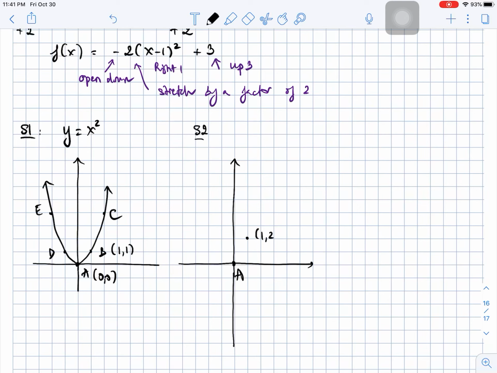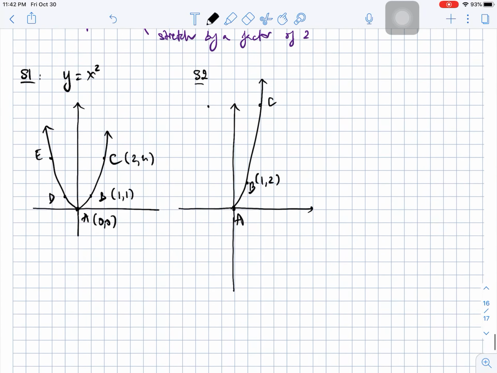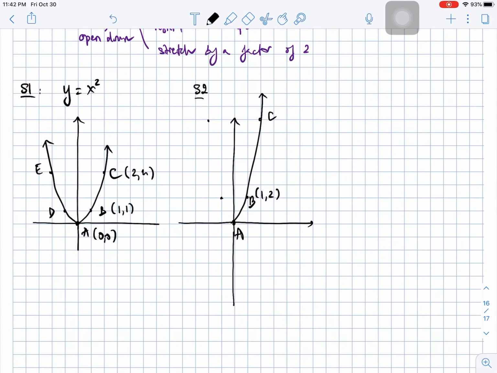Okay, now we need to do the 2. So like example number 6, what we do is double the white part, right? Okay, so the A is 0, 0, so it's the same. The B is 1, 1, so the white part doubled will be 1, 2.